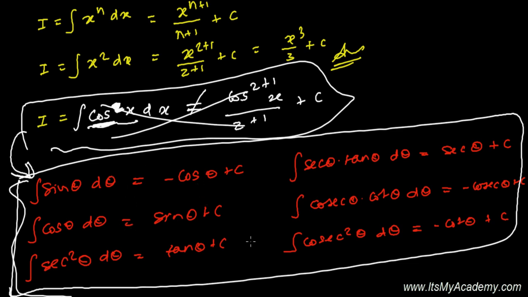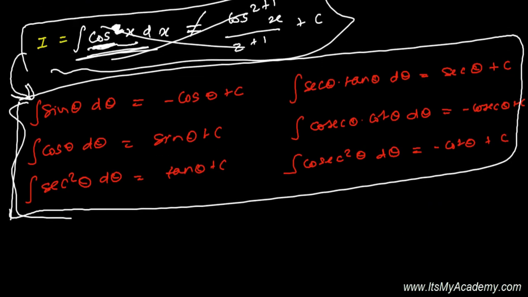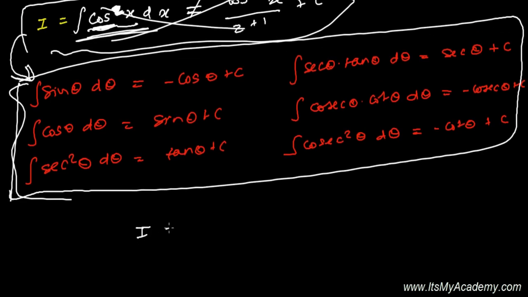To use these trigonometric formulas, we have to use some identities that we learned in trigonometry. For example, the same problem: the integral of cos square x dx. How do I solve it? I learned that the integral of cos theta is sine theta, but I don't have a direct formula for cos square x dx.